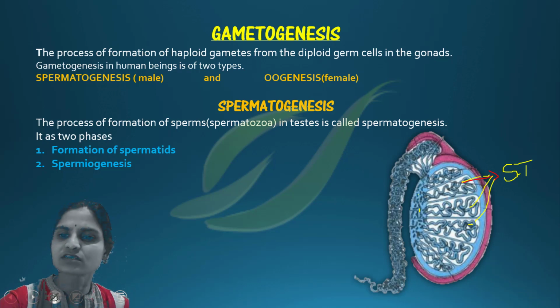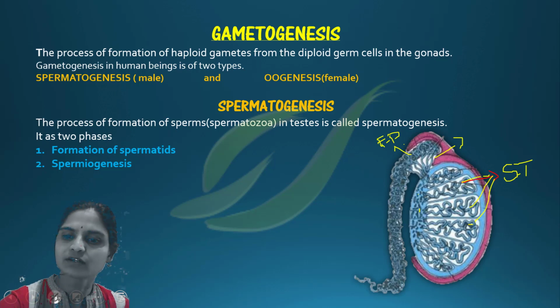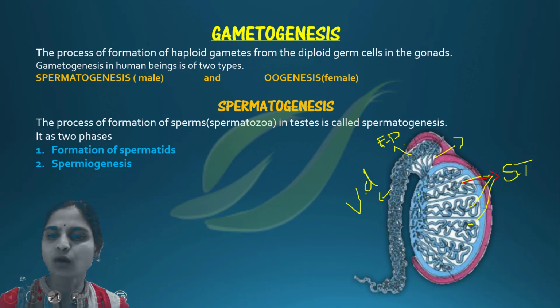From the rete testis, they enter the vasa efferentia, then the epididymis, and then the vas deferens. So the main region where the sperms develop is the seminiferous tubule.